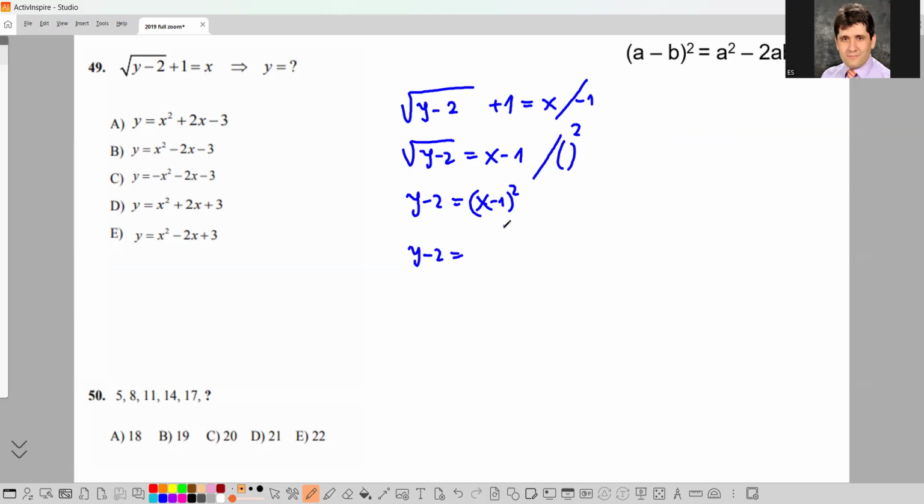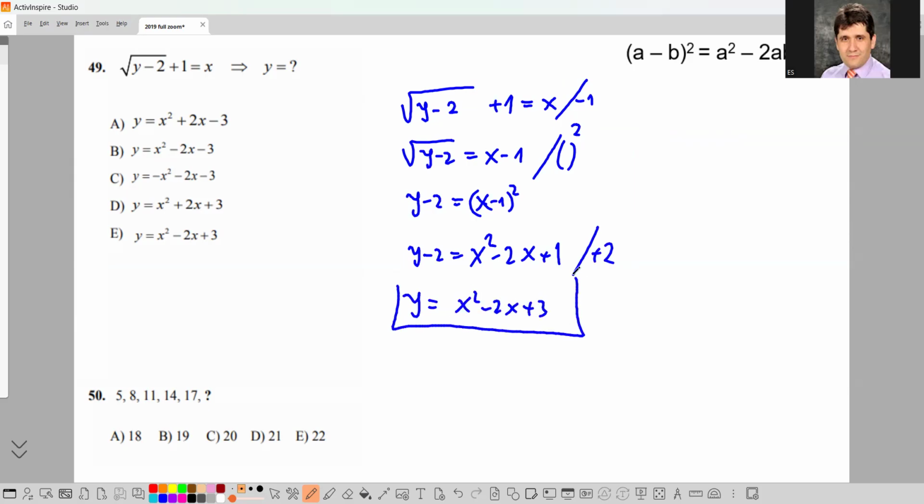We solve this kind of problems. It's not x squared minus 1. So it's x squared minus 2x plus 1, and then add 2. So I end up with y is x squared minus 2x plus 3. Now, some of these steps needs to be checked, but that's for later on in high school. We end up with this answer, x squared minus 2x plus 3. It looks like it's under E.